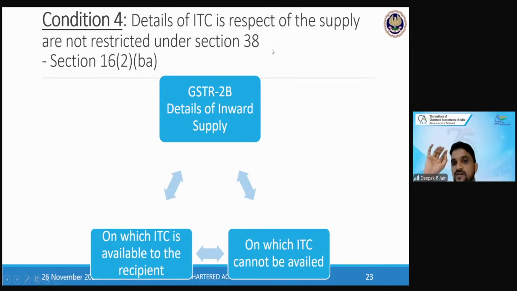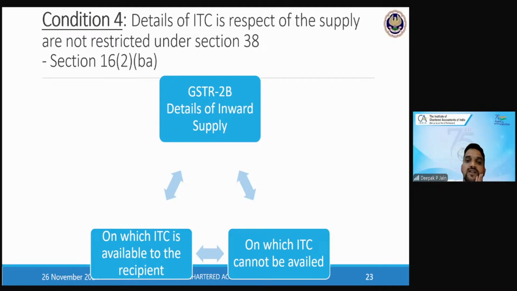This condition is a very, very important condition, or you could say very dangerous condition, because whatever is appearing in your 2B, we already have restriction under Section 17(5). But this condition says that whatever is appearing in 2B, you will get a bifurcation wherein we will restrict your credit under Section 38. Now, if this restriction comes, you cannot claim the credit.